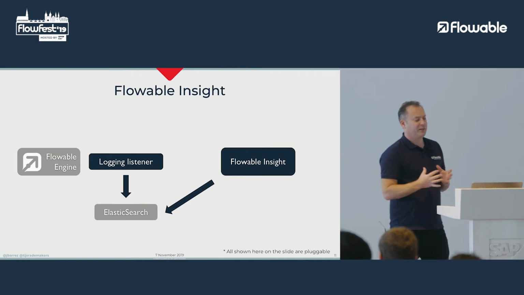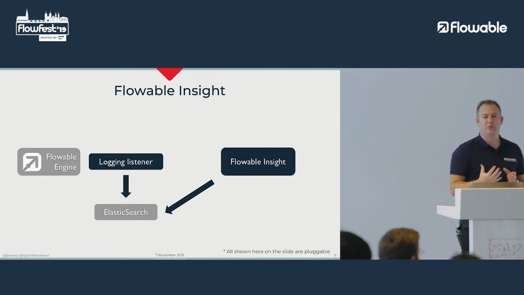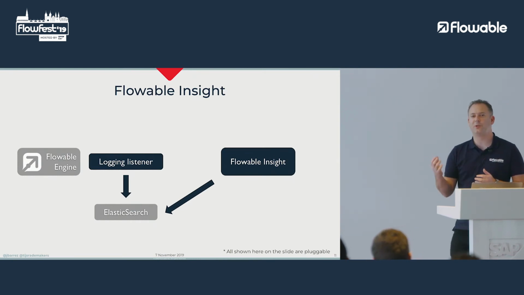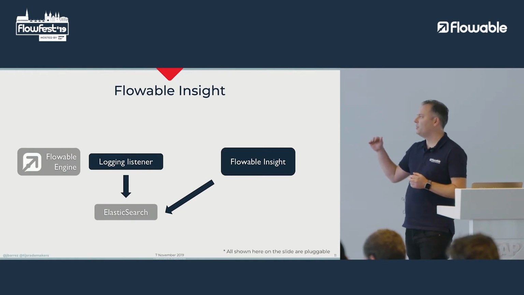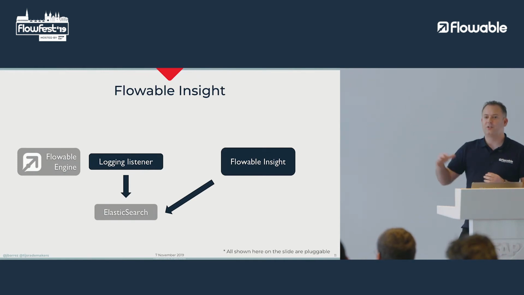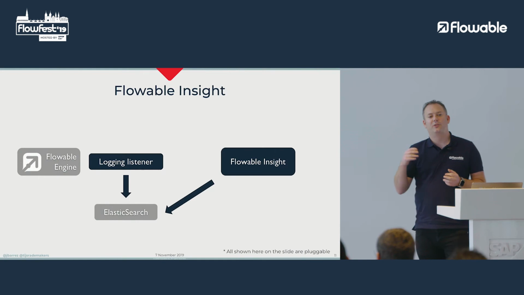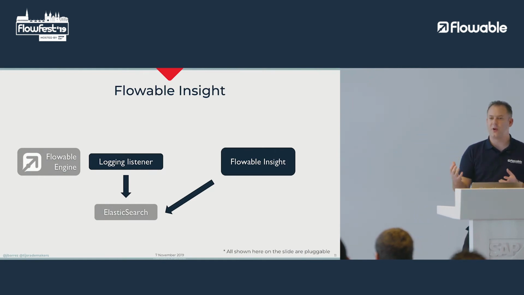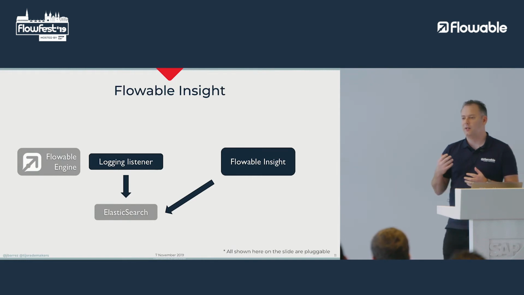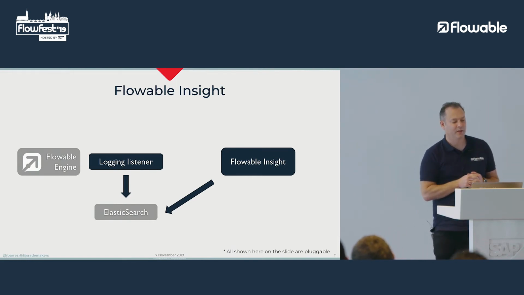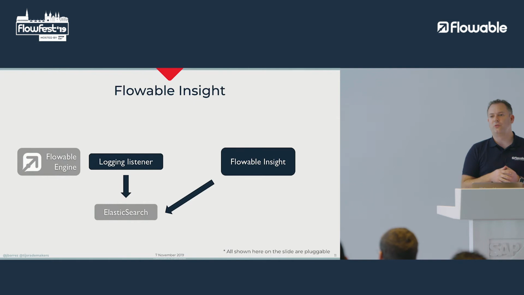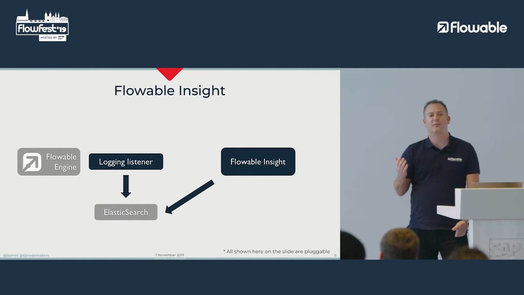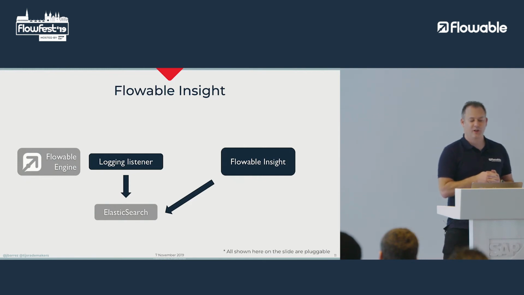But what I think really makes it valuable is if you can also put a visualization on top of that. So it's nice to have that list of log events, but to really visualize that with the model that you have, that makes it really usable, I think. So that's something that we call Flowable Insight, where we want to show a very early prototype that we are working towards.